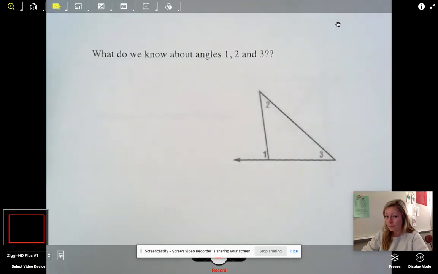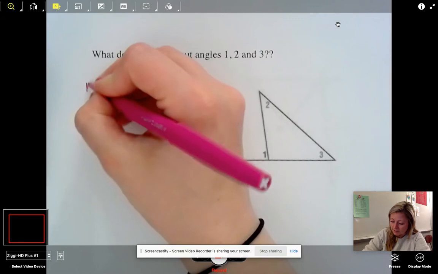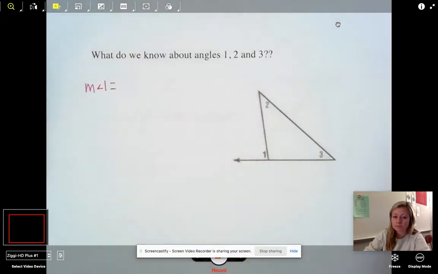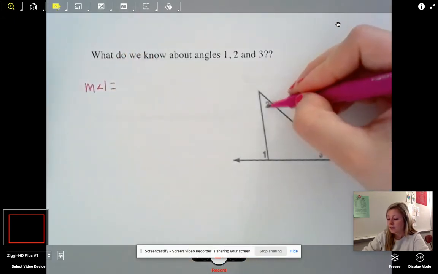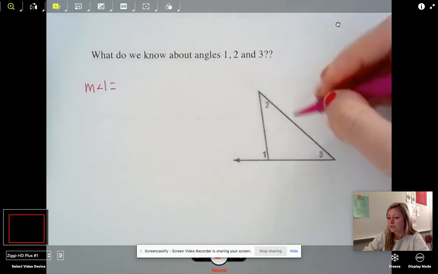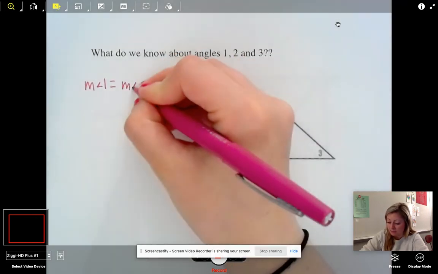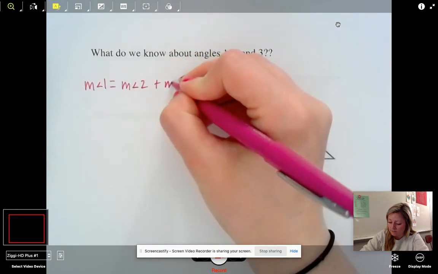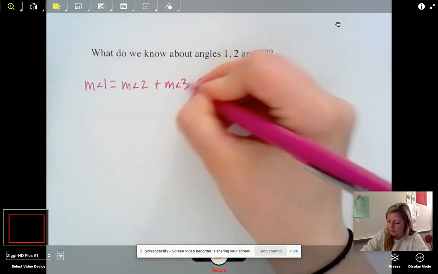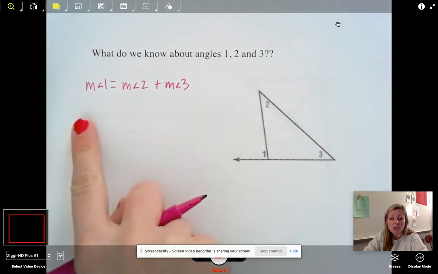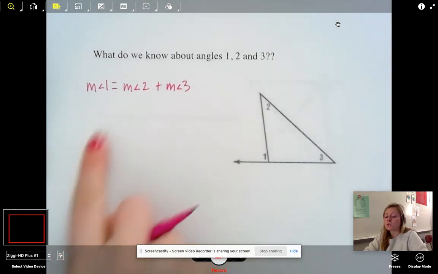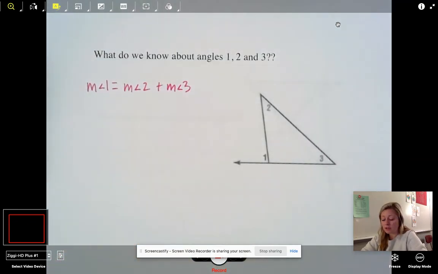If you remember, the measure of angle 1 is equal to adding these two together, right? So that would be an equation, correct? The measure of angle 1 is equal to the measure of angle 2 plus the measure of angle 3.